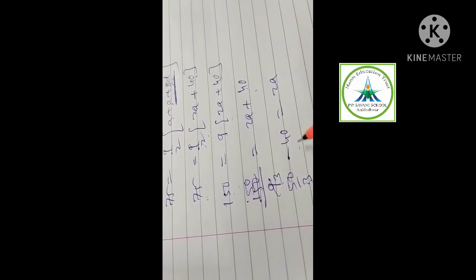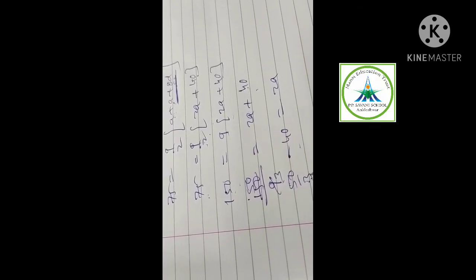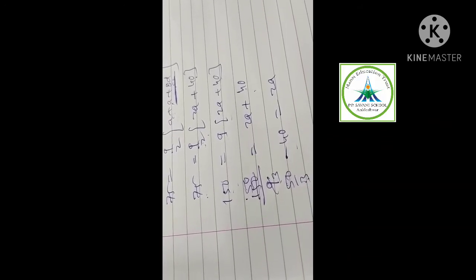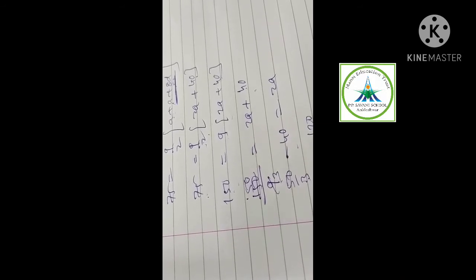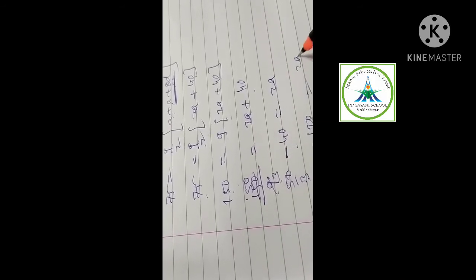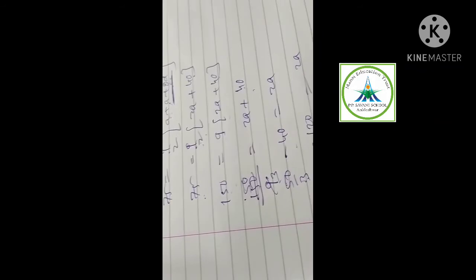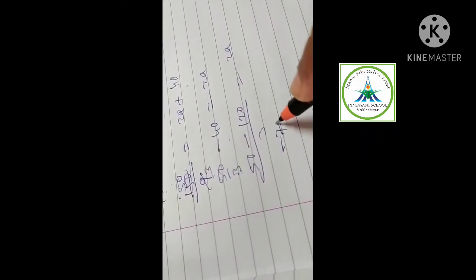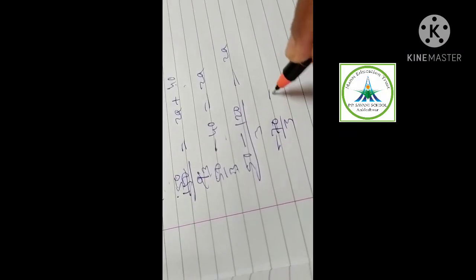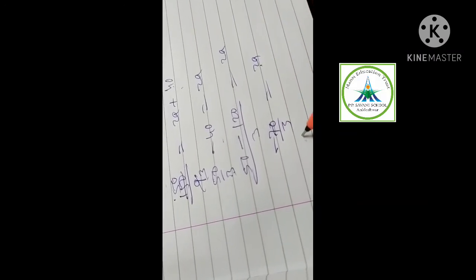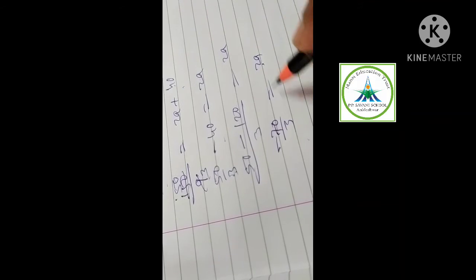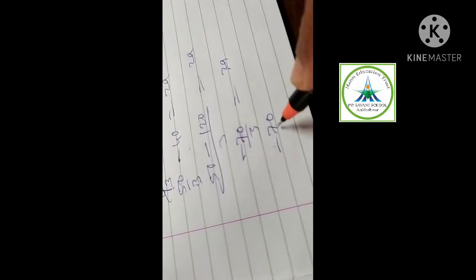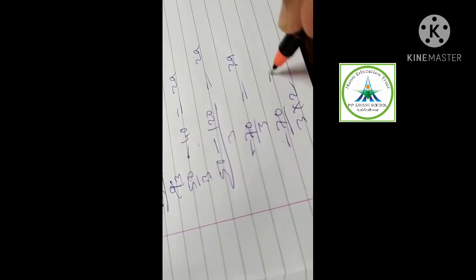Now take LCM: 50 minus 120 upon 3 equals 2a. 50 minus 120 is minus 70 upon 3, equal to 2a. So the 2 comes this side, minus 70 upon 3 multiplied by 2 equals a.